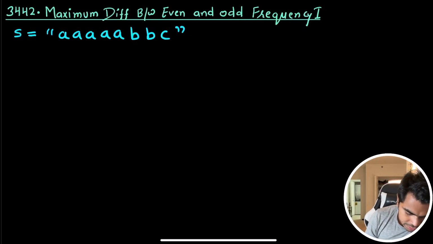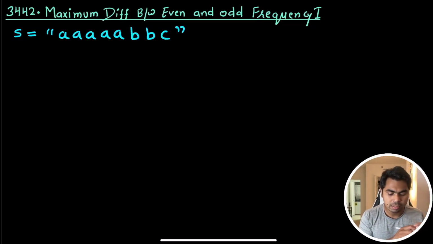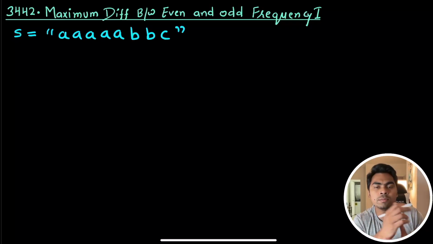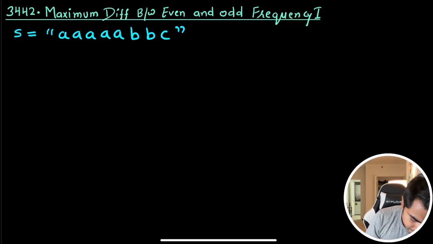Since it's all about finding the maximum difference between these counts, where one of the counts has to be even and another has to be odd, how about we just count the frequency of all the different characters here? So I will create a map. I'll call it char map, which will be of size 26, of course, because it's just lowercase English letters.